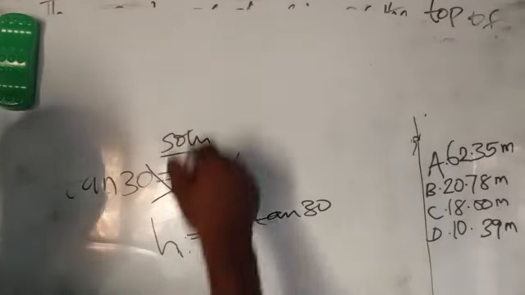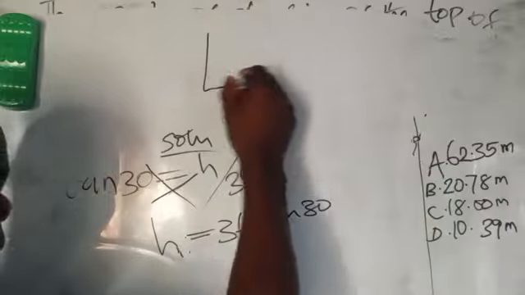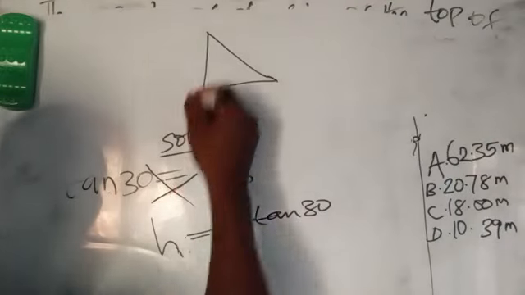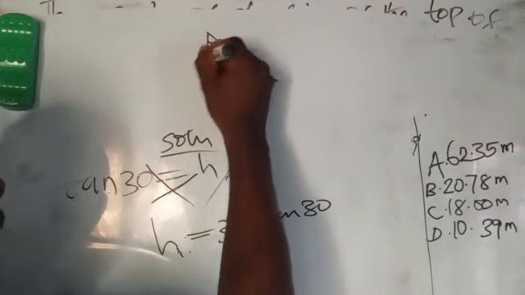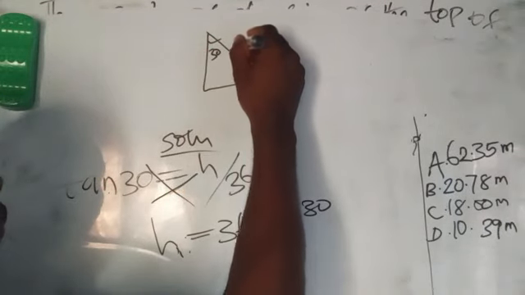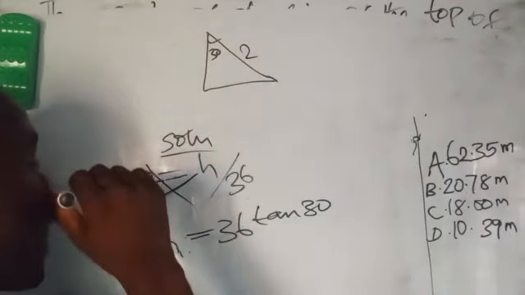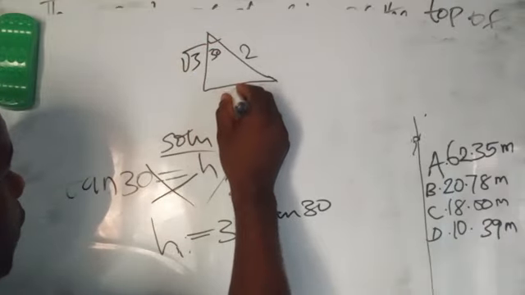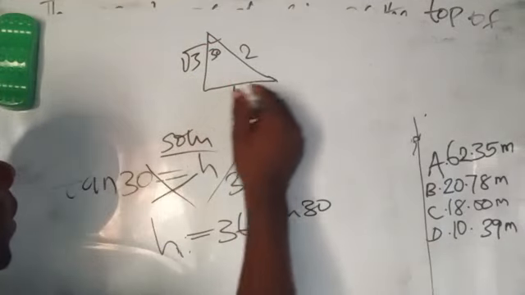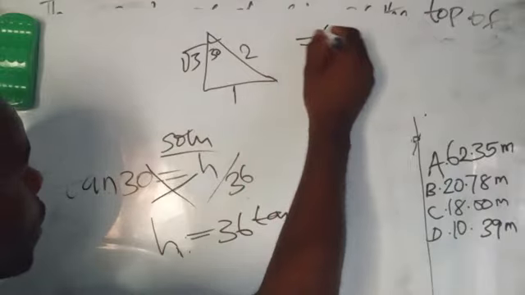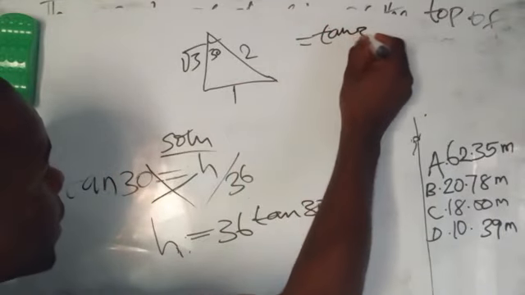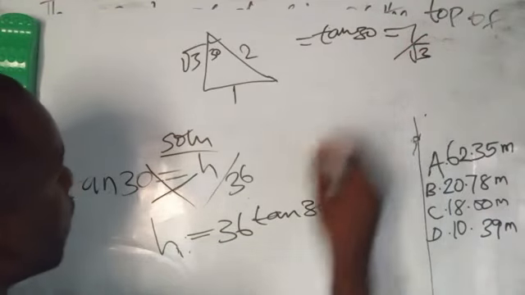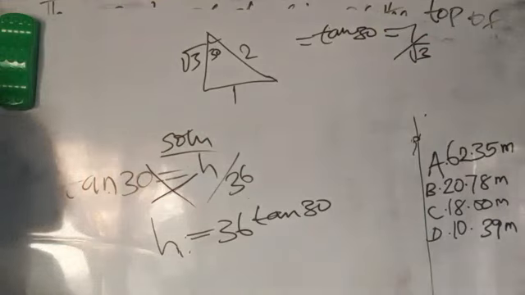But remember that tan 30 degrees, because this is a standard angle, if you draw this, then you have 30 degrees here, then you have 2 here, and then you have your square root of 3, then you have your 1. So tan 30 is equal to 1 all over square root of 3. Okay?